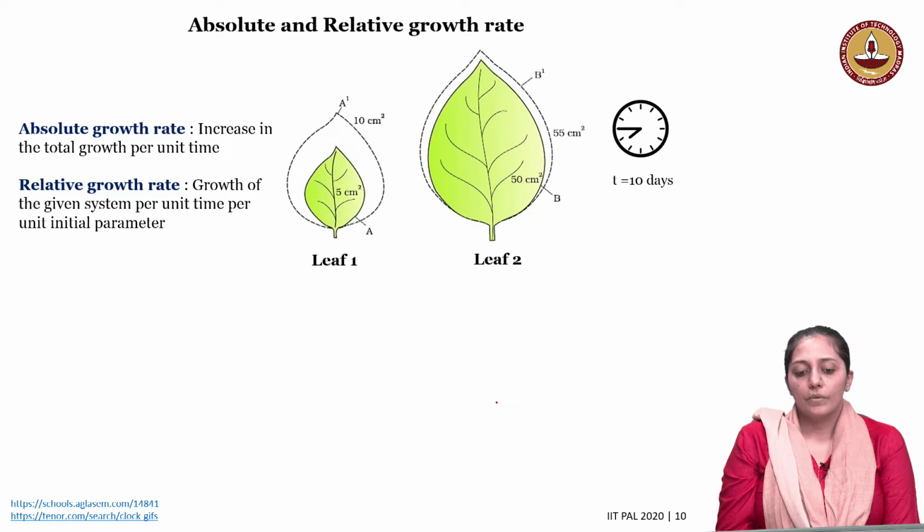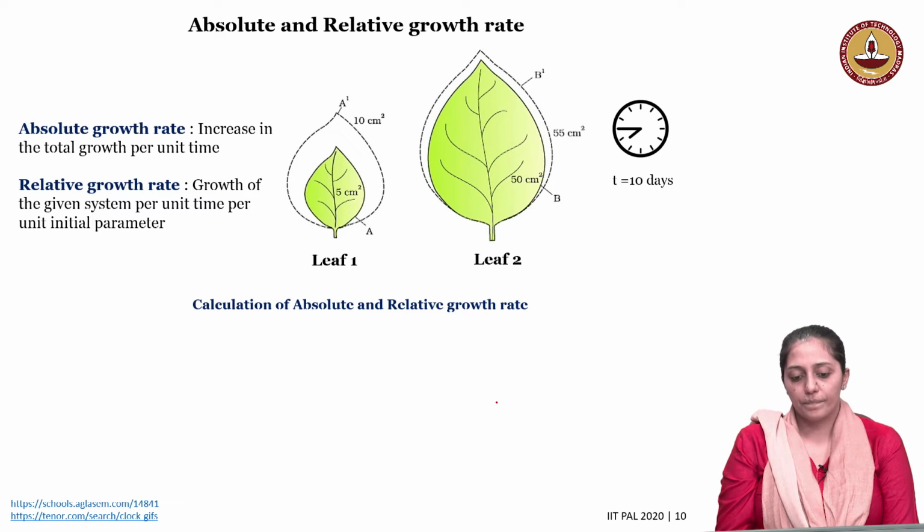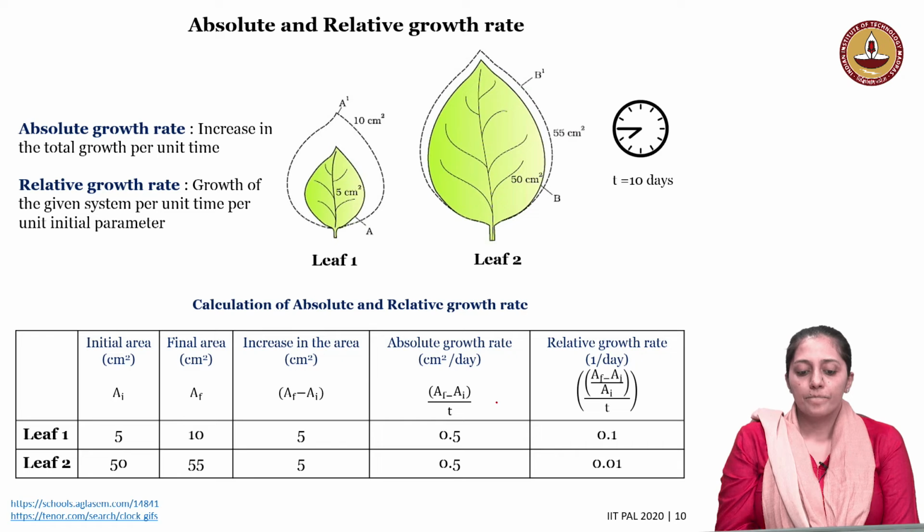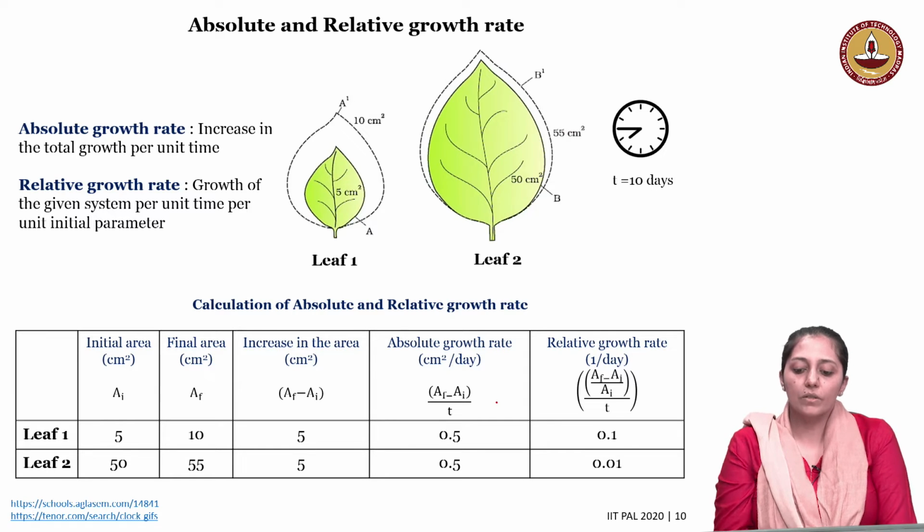Now, let us see how we can differentiate between the growth of the two leaves. If you see the absolute growth rate in the two leaves, it amounts to the same value. So, what is absolute growth rate?